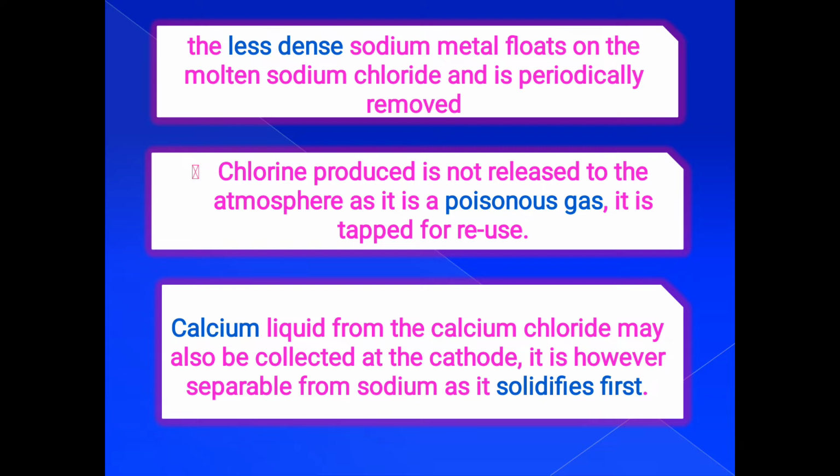We also have calcium. Remember, we said that we add calcium chloride to the sodium chloride, which is the rock salt, to minimize the melting point from 800 to around 600 degrees Celsius. So calcium also is reduced at the cathode. How can we separate sodium and calcium, which have been tapped together at the cathode?